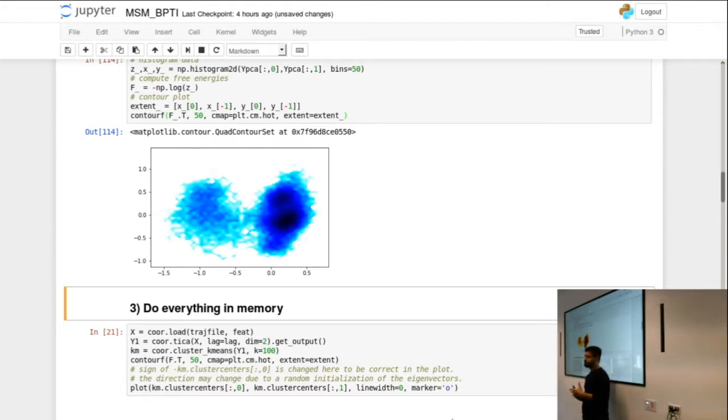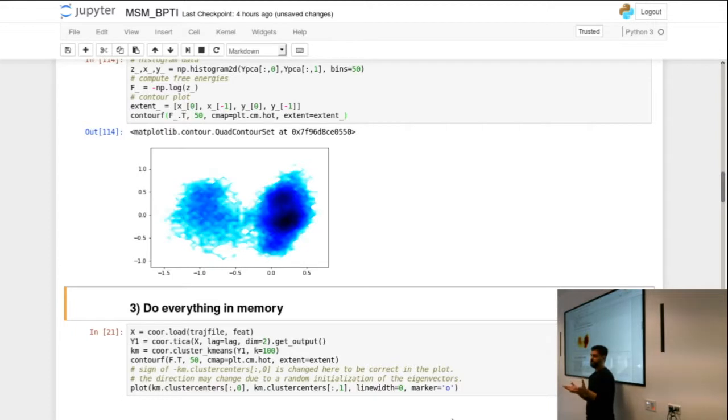Topologically, this surface and the surface that I showed you before could, in principle, be the same. We have two highly populated minima and another one that's less populated. It could be or it could not be. I'd have to go there and see if these are the processes that are captured by the TICA projection. Let's assume that they are the same.